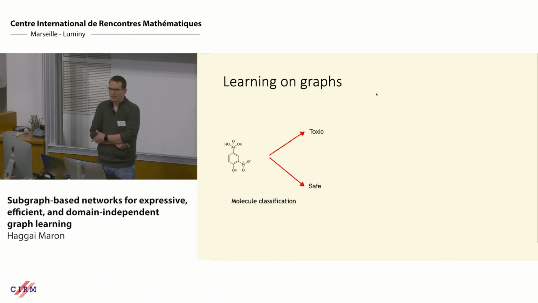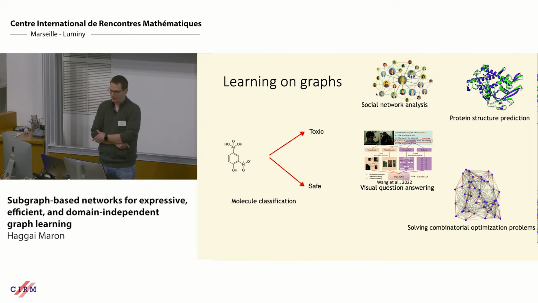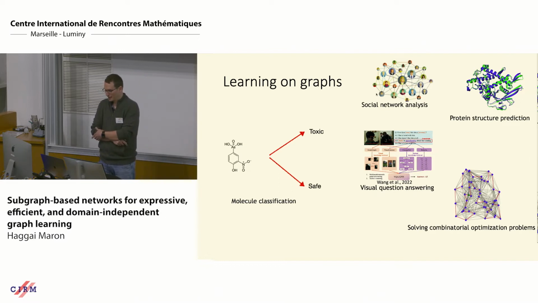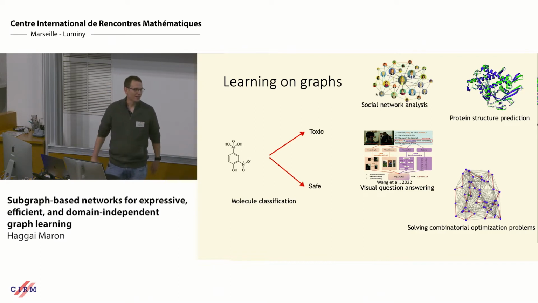But the truth is that there are many other cases in which learning on graphs is relevant. Just a few would be social network analysis, visual question answering, trying to understand visual scenes in images. People even use graph neural networks in order to solve combinatorial optimization problems. So GNNs have become a very hot topic in machine learning these days.